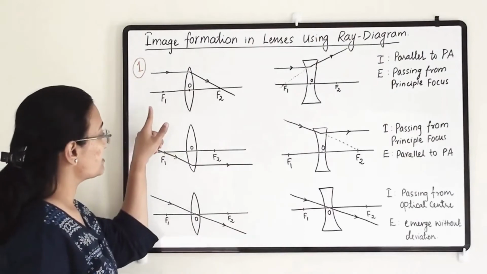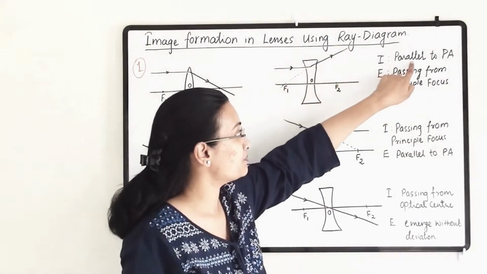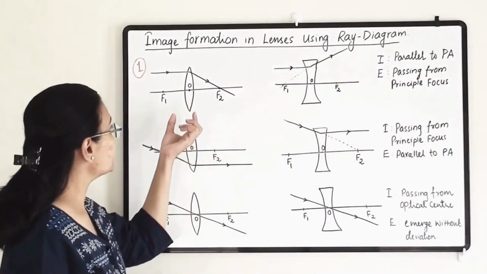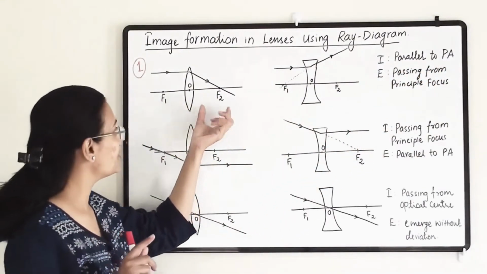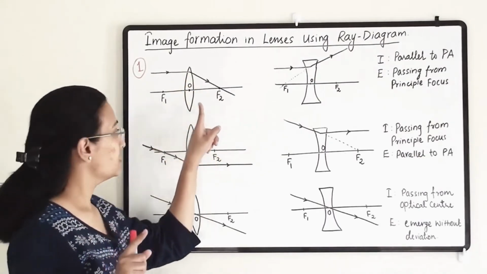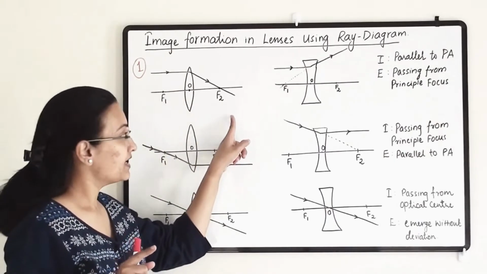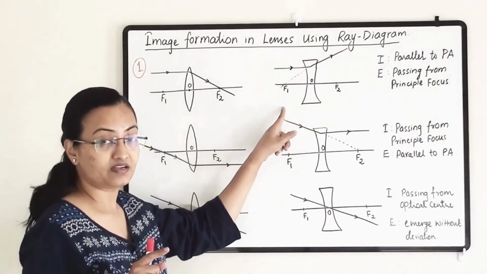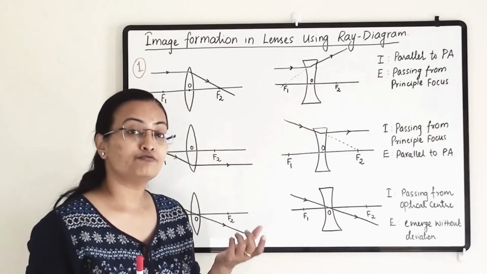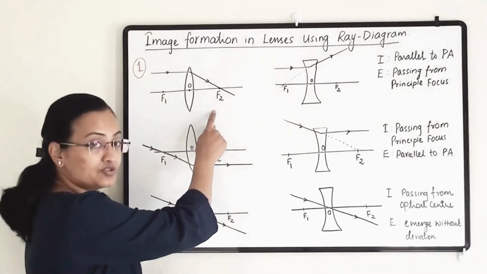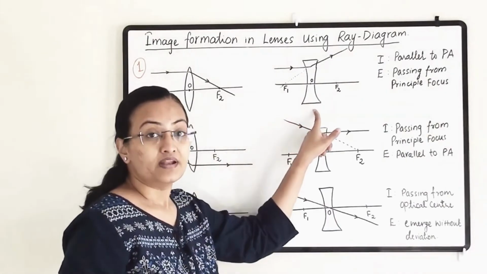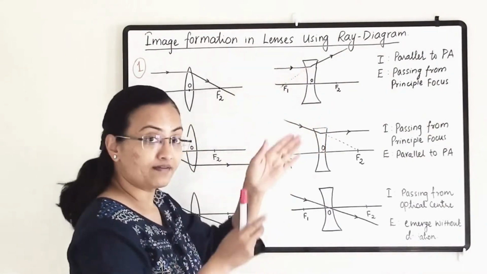In the first case, we take an incident ray parallel to the principal axis, PA being the principal axis. As the emergent ray after refraction, that ray will pass through the principal focus on the other side here, and towards the same side here. This action shows that this lens is a converging lens and this lens is a diverging lens, so it diverges all the rays.